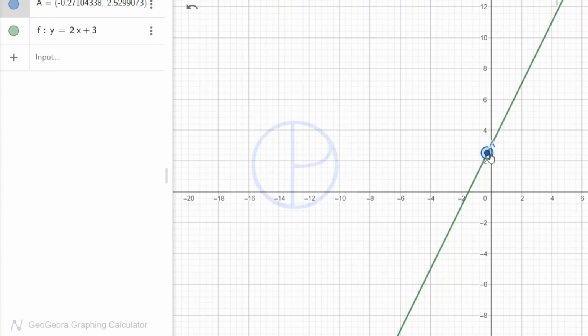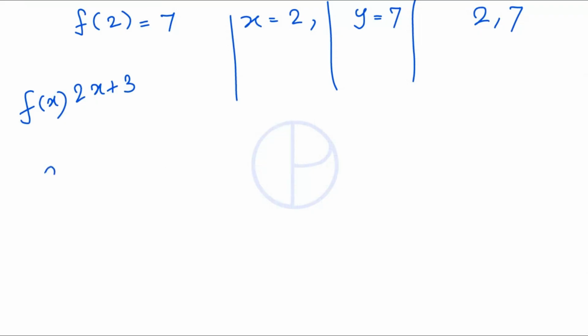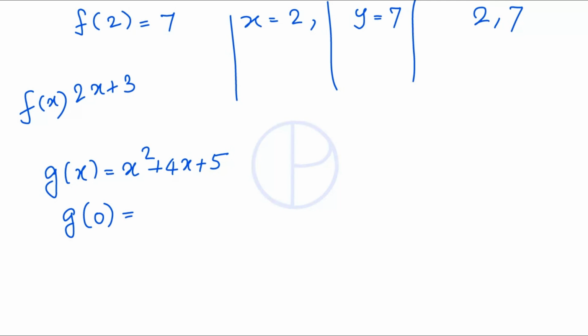now let's look at another function, g of x equal to x square plus 4x plus 5. Let's figure out what this function value is at 0. That is g of 0. Plug in the value 0 in the place of x.